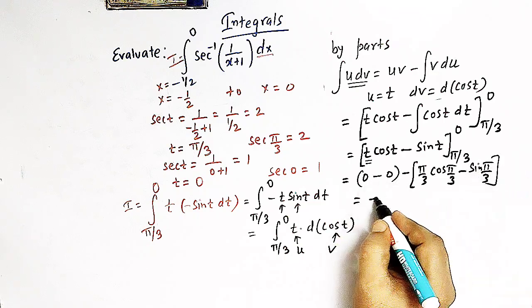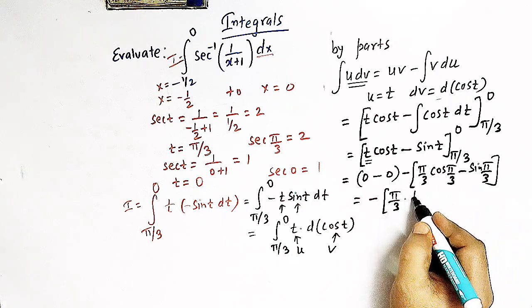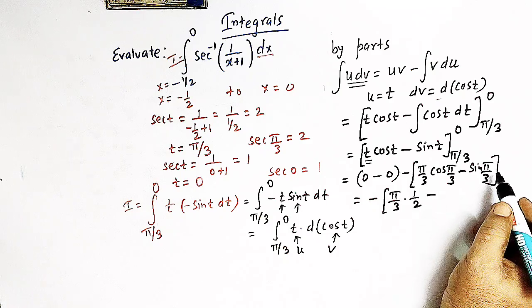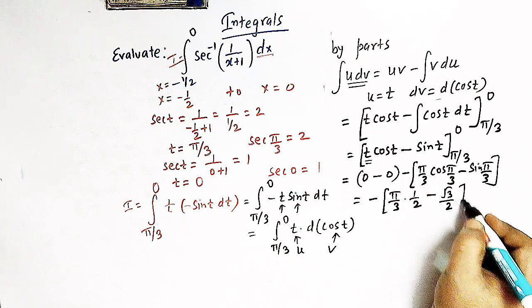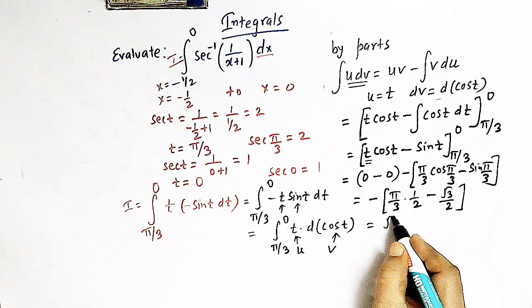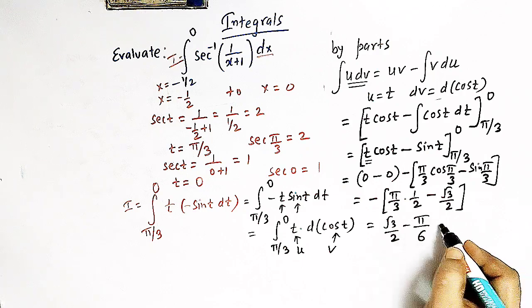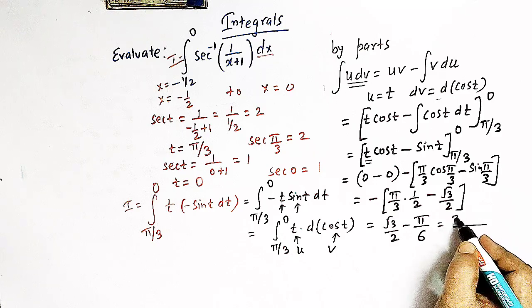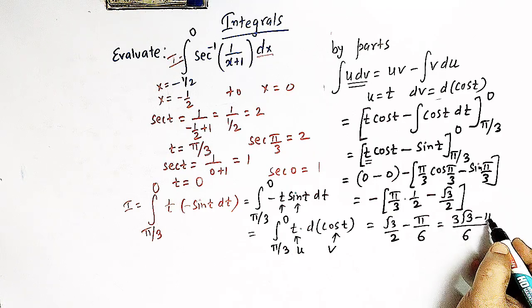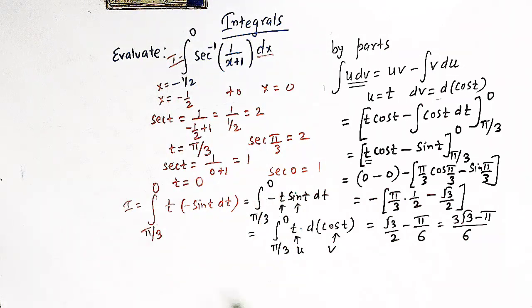So here we have minus pi by 3 times cos pi by 3, which is half, and then we have sine pi by 3, that is square root of 3 over 2. So now we can write it as root 3 over 2 minus pi by 6. Now taking the LCM, we have 6, and then we have 3 root 3 minus pi. So the value of this integral is given by 3 root 3 minus pi over 6.